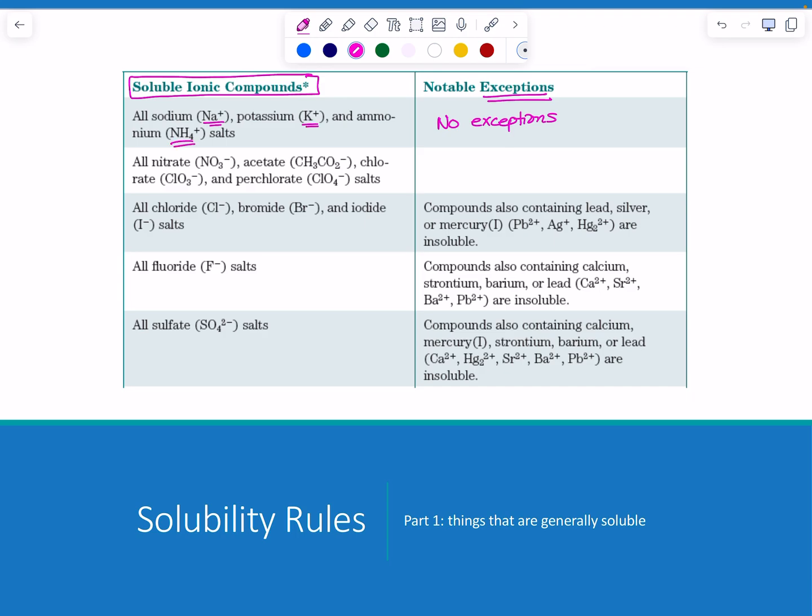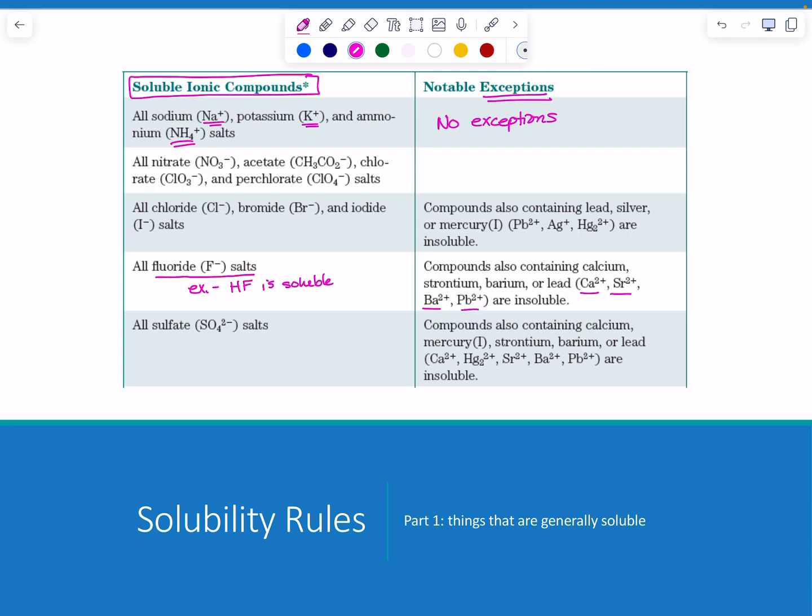So if we go down a little bit and we look at fluoride salts, things that are combined with fluoride ion into an ionic compound, you'll notice that, so for example, hydrogen fluoride is soluble. But we have some exceptions. So if we have calcium, strontium, barium, or lead, that is not going to be soluble.